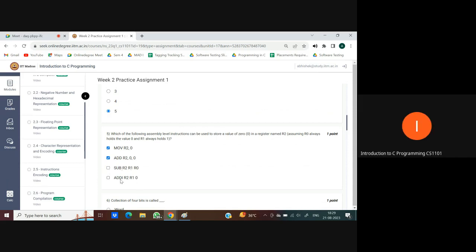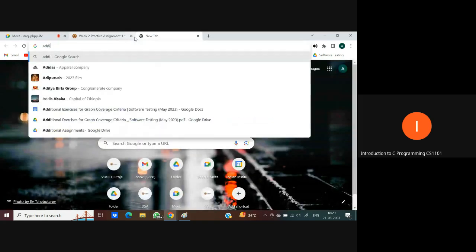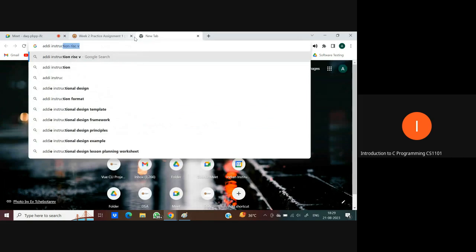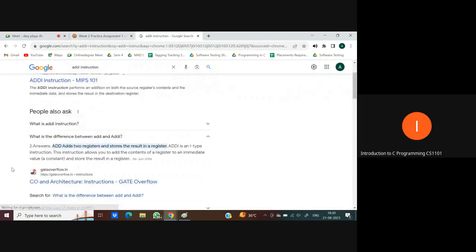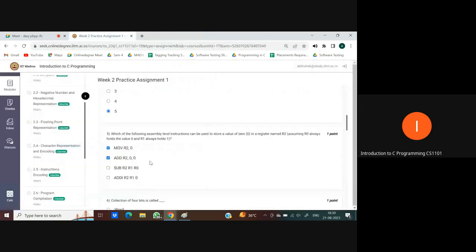Coming to this add I, what it does is add immediate. Okay, I think I'll have to check once. Okay, it takes an immediate value as well. Fine. So here, one is an immediate value and one is a register value.